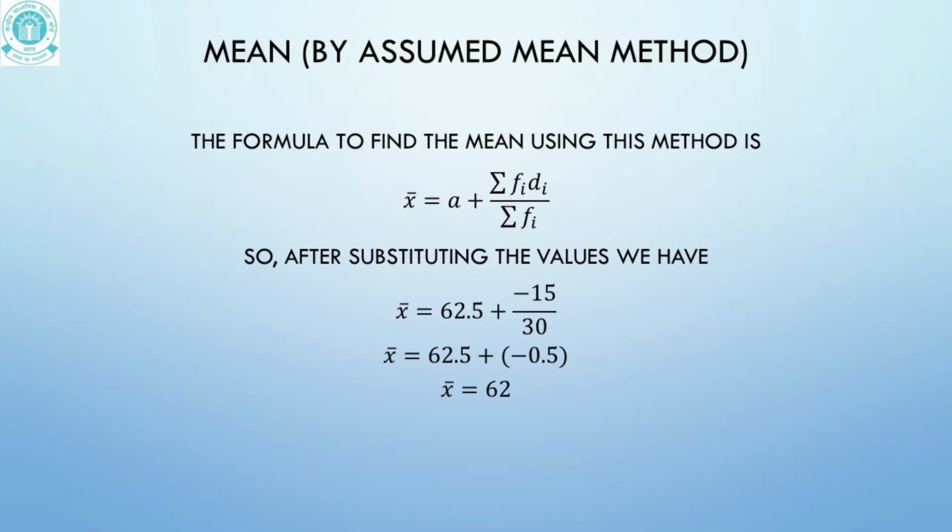So after substituting the values, we have x bar equals 62.5 plus minus 15 divided by 30. X bar equals 62.5 plus minus 0.5, which gives the value of mean as 62.